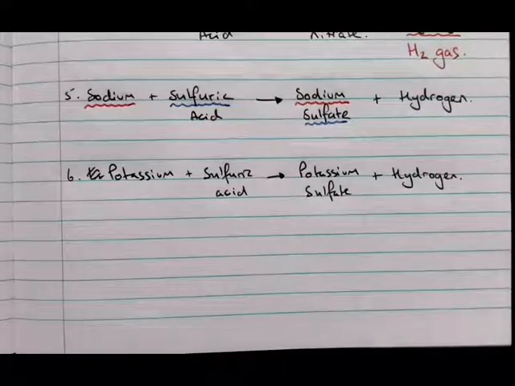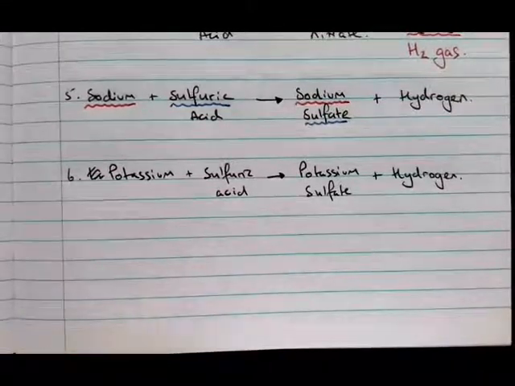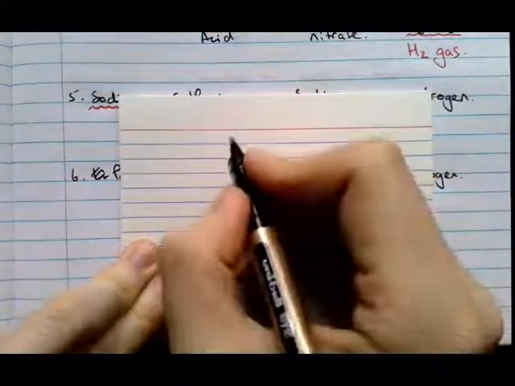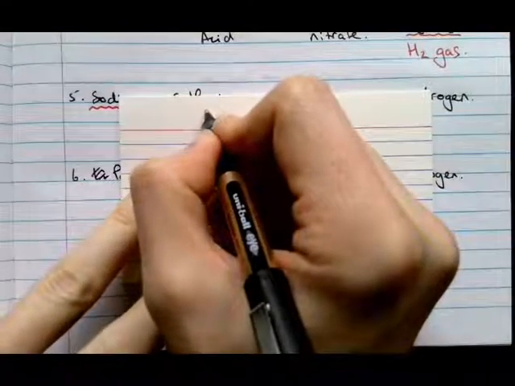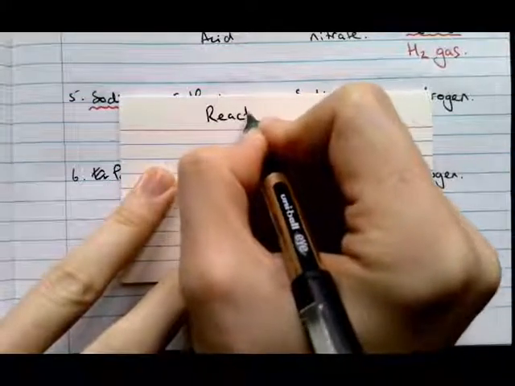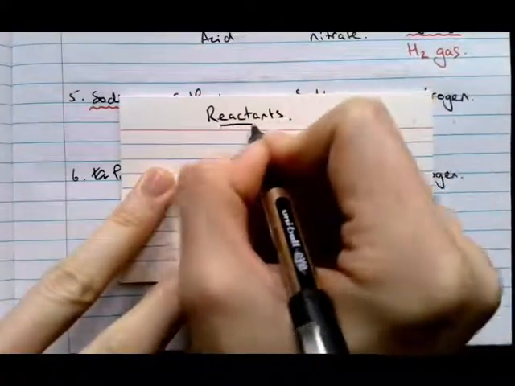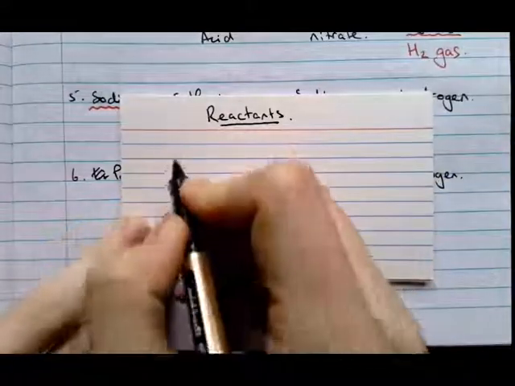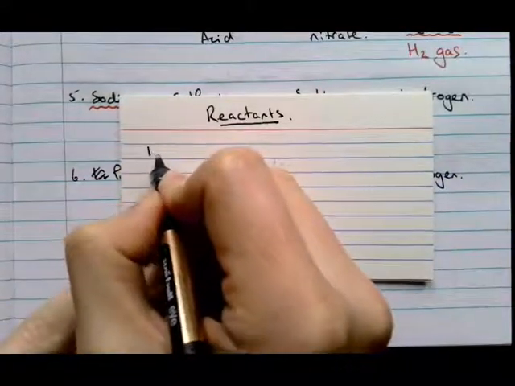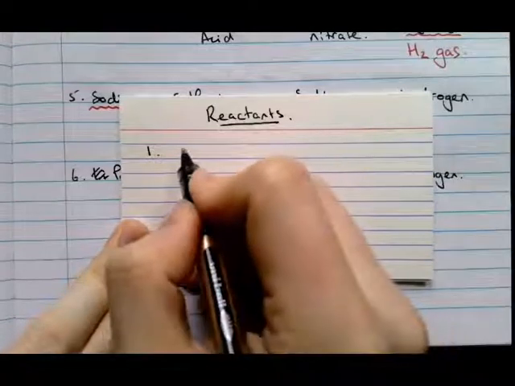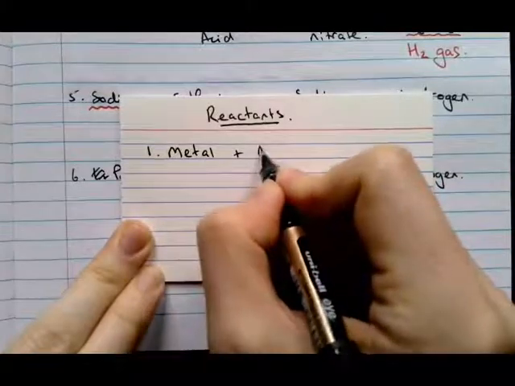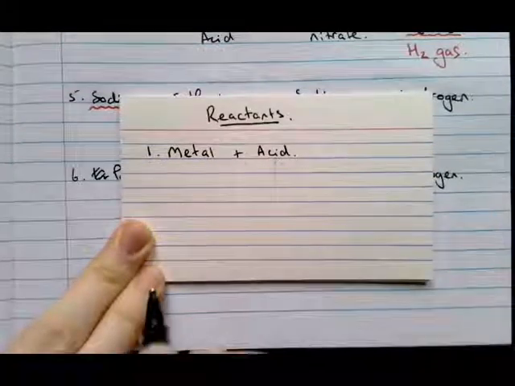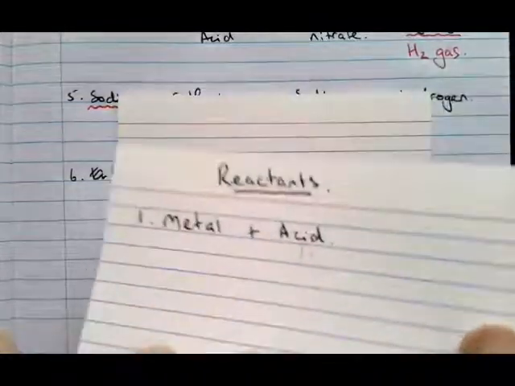So at this point, it's probably a good idea, if you haven't done so already, to put some of this information on a flashcard. So we can have here our reactants on this side. Now we're going to do all of the different reactions on this one, so leave yourself some space down here for more reactions. So our first reaction was metal plus acid, and if I do a metal plus an acid, what are the products?